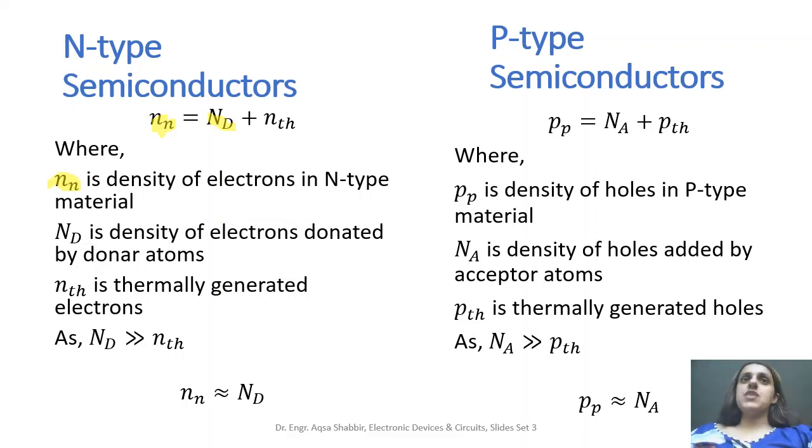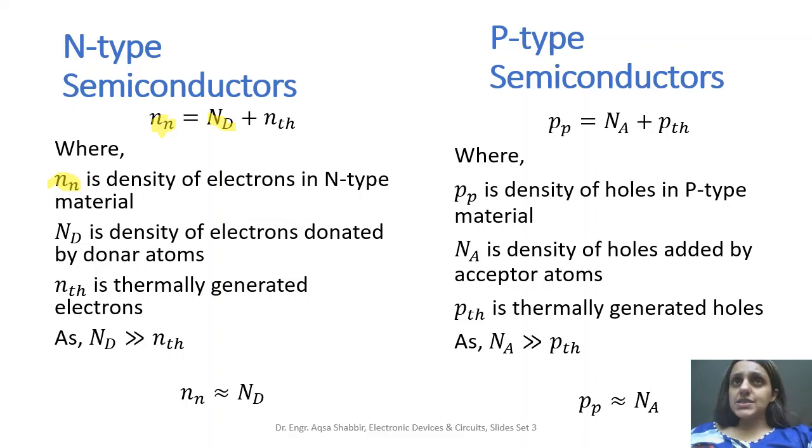So in an n-type semiconductor, the density of electrons is a sum of the electrons donated by the donor atoms as well as its own internal electrons, which are thermally generated.